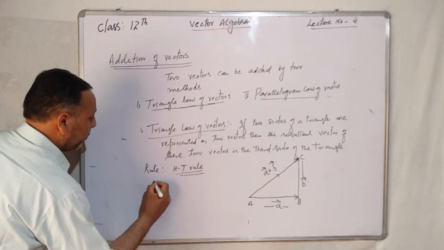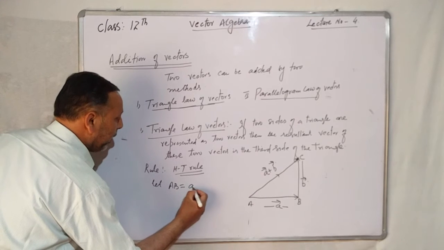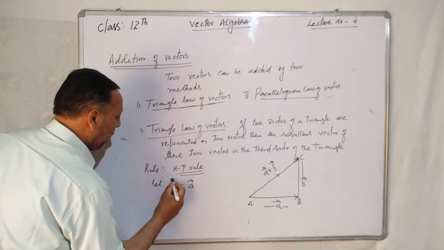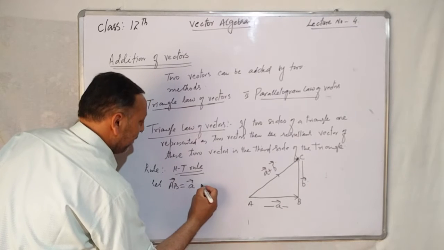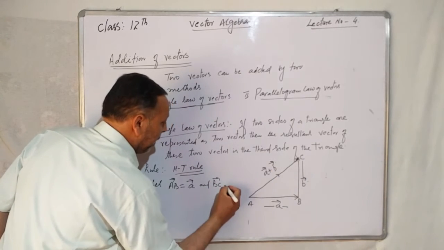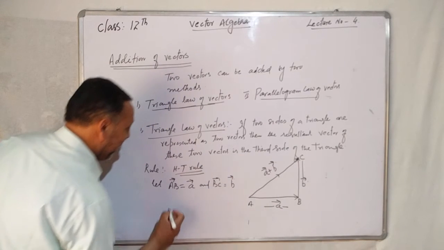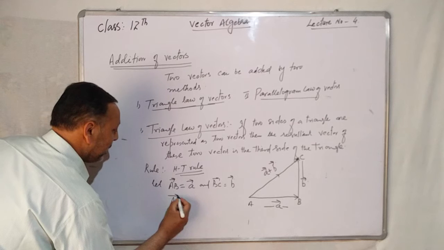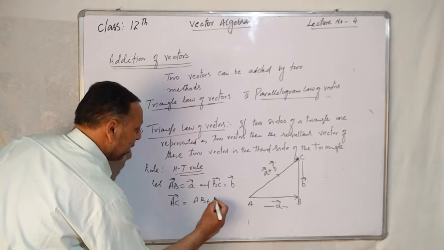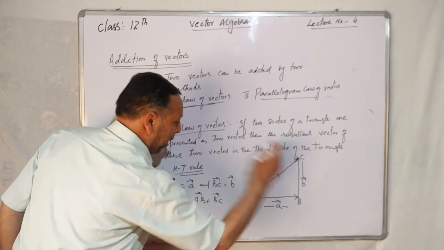Now let AB be equal to vector A. चलो मान लिया ये AB जो है वेक्टर A है, and BC is vector B. Then the resultant vector AC, अब ये AC जो है it represents AB plus BC, यानी इन दो वेक्टर्स का सम तीसरा साइड ऑफ ट्राइंगल है.